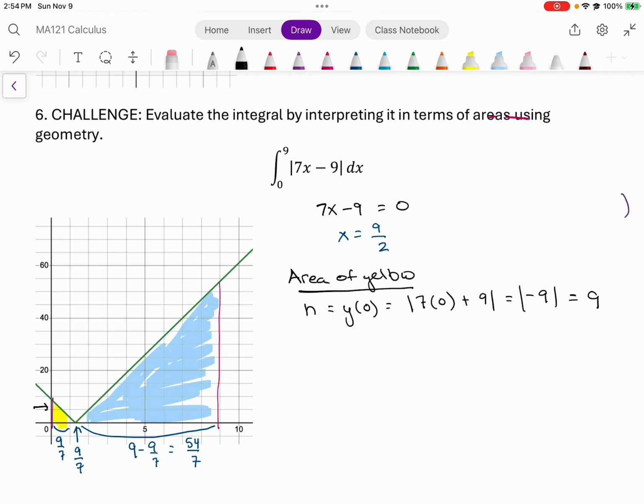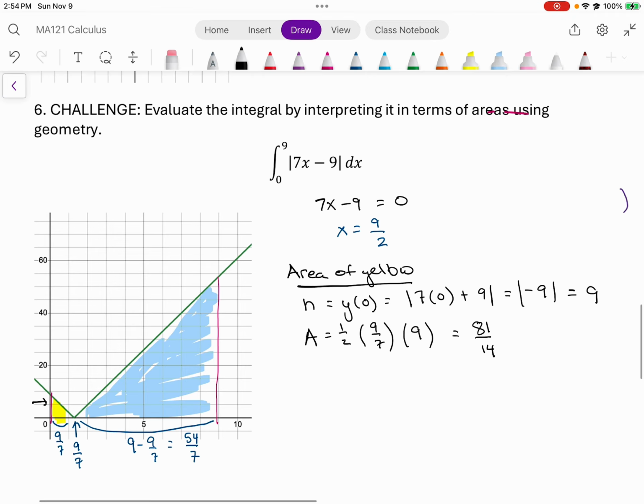Okay, so that height is going to be 9. So the area of this is going to be 1/2 times the base, which is 9/7, times the height, which is 9. We just found the height. And that's going to be 81/14. Right, so that's the area of the yellow.